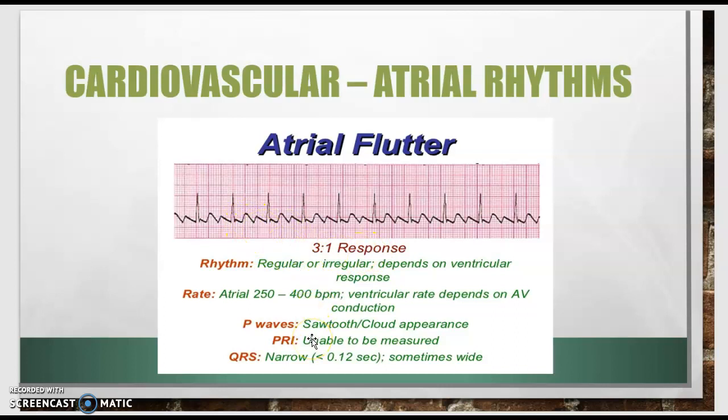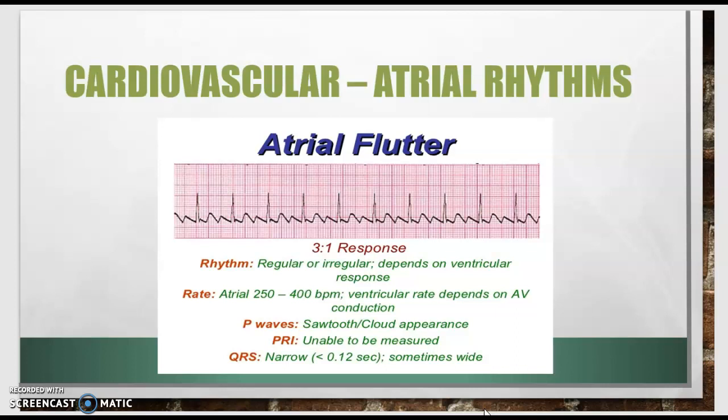And our P waves for atrial flutter look sawtooth or cloud-like in appearance. So you can see this here. And you may have maybe 3 P waves to a QRS, or 2 or 4, just kind of depends. You don't have to have one that looks just exactly like this. You might have more P waves, but it stays pretty consistent.